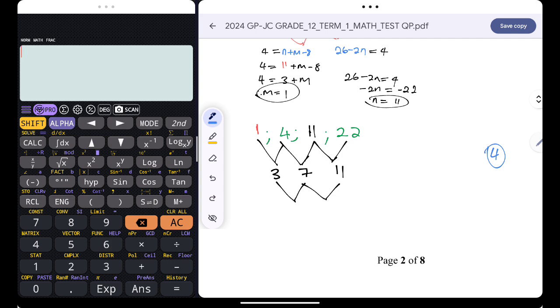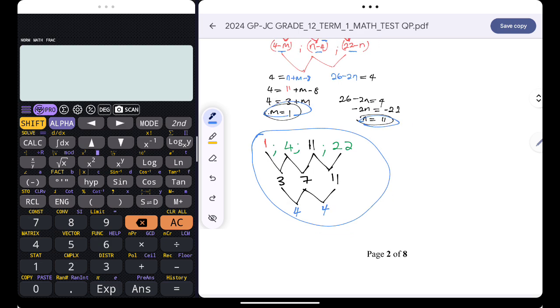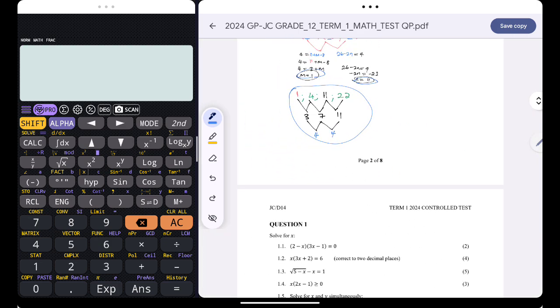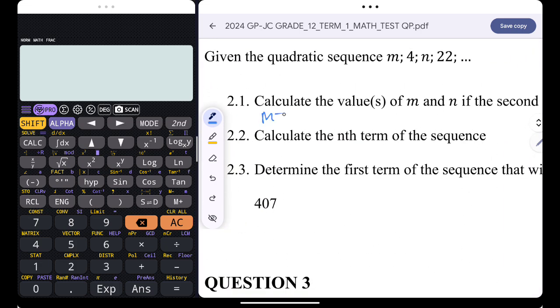If I find 4 as my second difference here, that means I'm still on the right track. So 7 minus 3, I get a 4. 11 minus 7, still a 4. There was no need for this, maybe in the following questions. I was only asked to find n and m. So I know that m is 1 and n is 11.